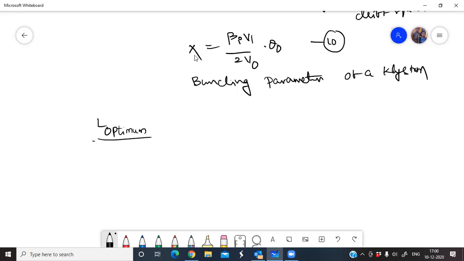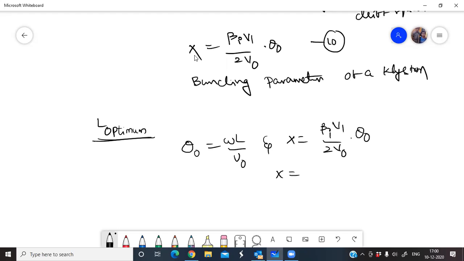In order to write L optimum, we know the formula theta naught equal to omega L by V naught. At the same time, we know the formula x is equal to beta I V1 by 2 V naught into theta naught. From this, x is equal to beta I V1 by 2 V naught into omega L by small V naught.